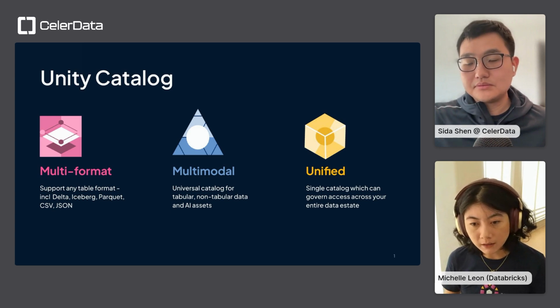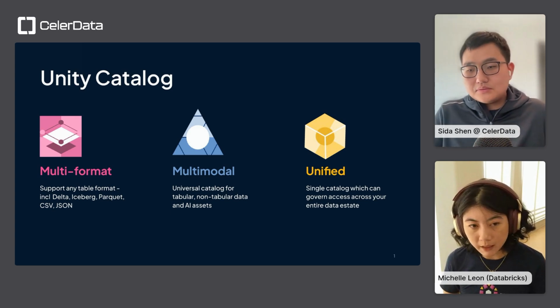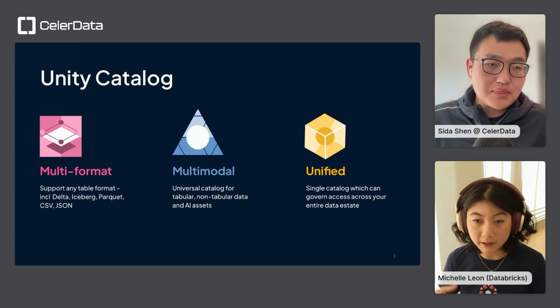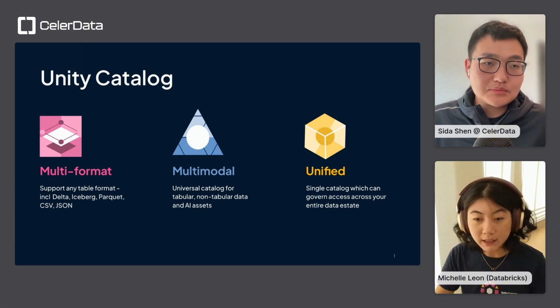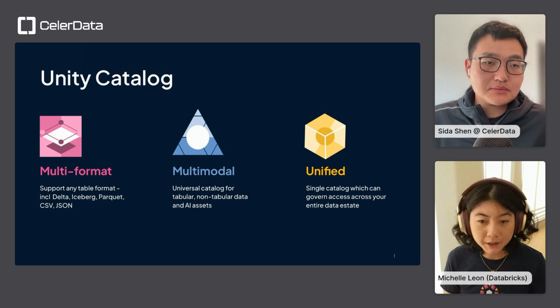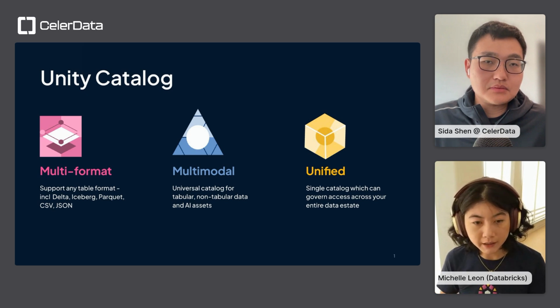And then finally, the essential piece behind Unity Catalog is that it's unified. So you get a unified view to discover, govern, and do auditing and lineage across your entire data estate.